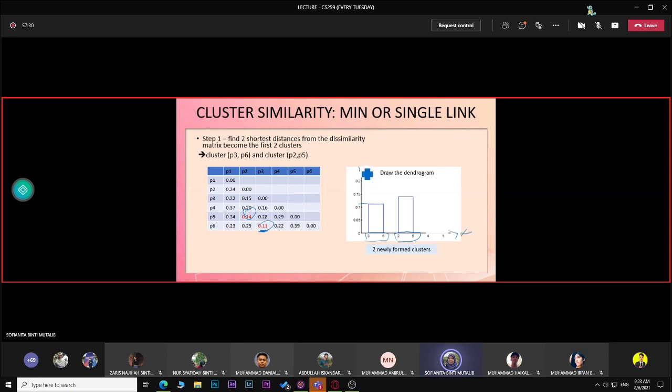This is object. Okay, and this will be represented as this distance. Okay, so 3 and 6 are merged, and then the distance is 0.11. And then 2 and 5 are merged, yeah, with the distance of 0.14. Understand? Okay, this is step 1.